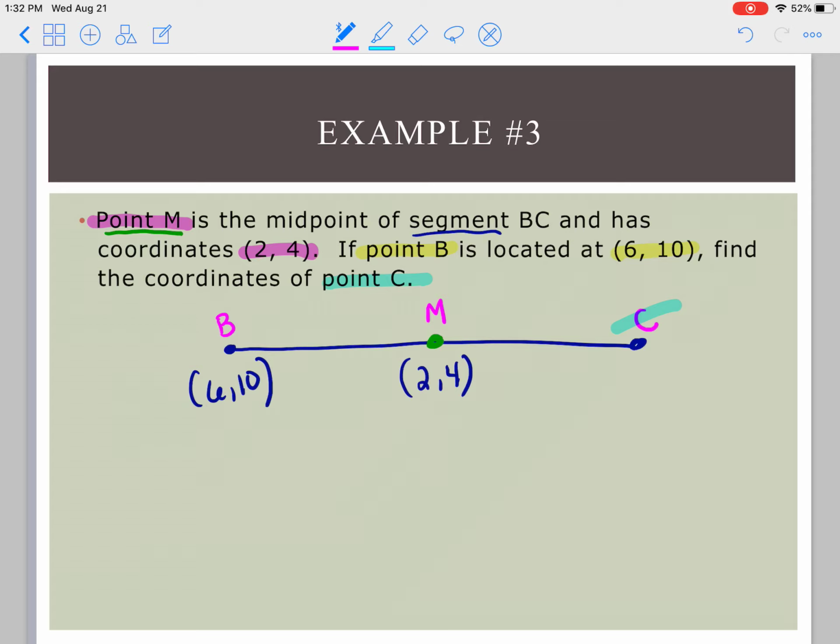So this 2 is the x-coordinate of the midpoint. And the 4 is the y-coordinate of the midpoint. Now, why do I need to know that?